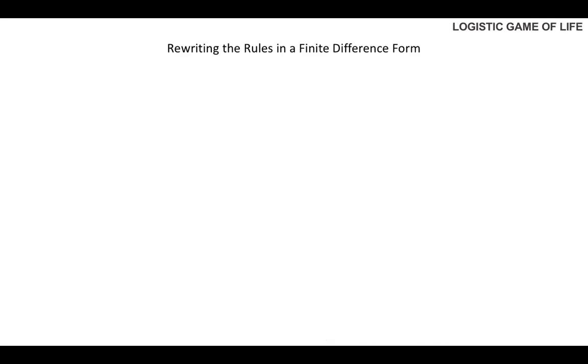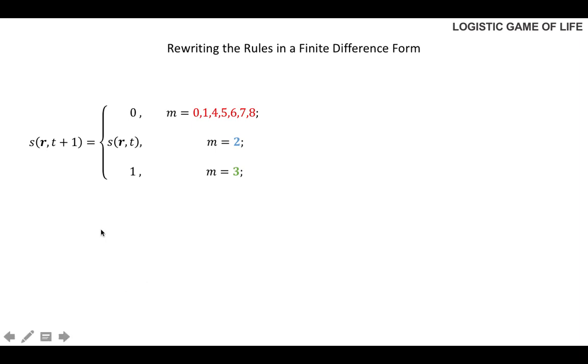So we basically combine the idea of game of life and the logistic map here. First of all, we rewrite the rules in a finite difference form. You remember this was the initial version.